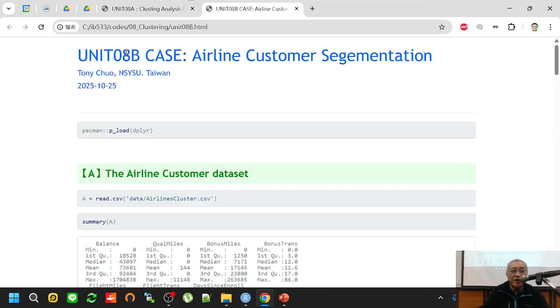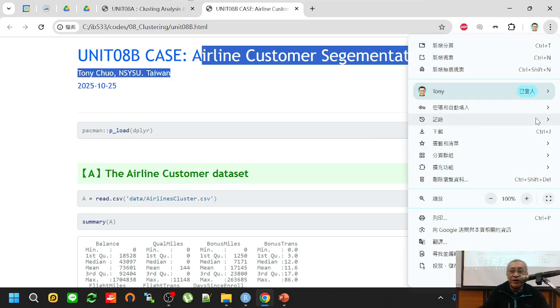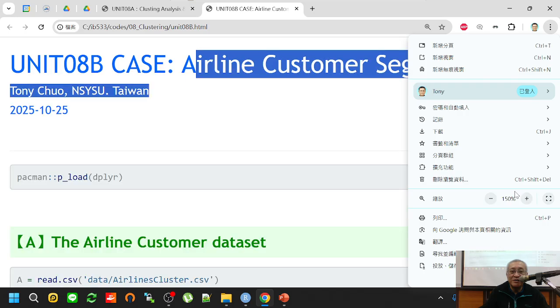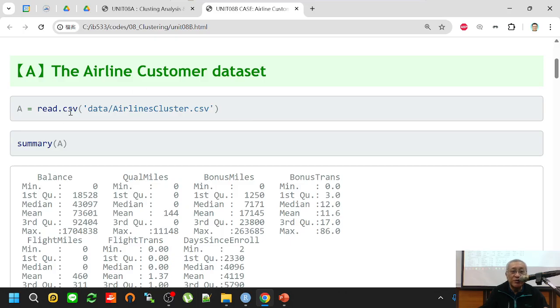So this case is the airline customer segment. The data is here in the airline customers, airline cluster CSV.